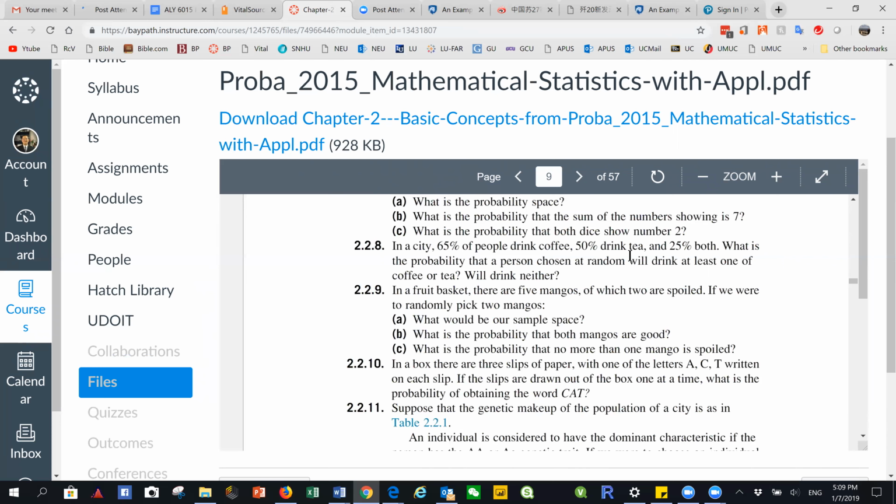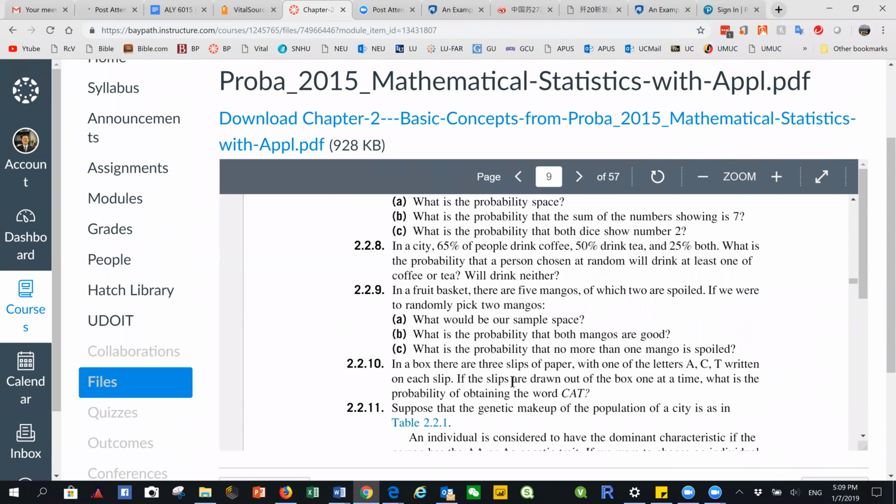What is the probability that a person chosen at random will drink at least one of coffee or tea? This question is quite straightforward. That is, you will answer the union of the two events. Okay, the union of two events.